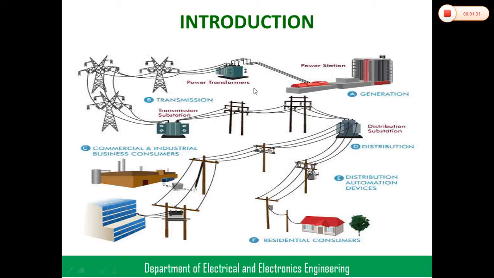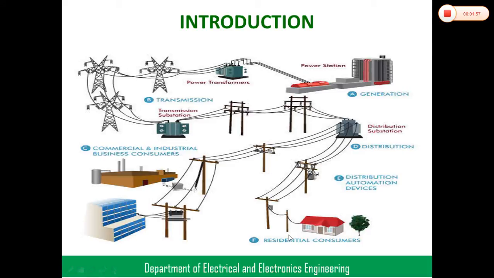the power is generated in the power station. We all know that the power generated in the power stations is transferred through the transmission lines and also through the distribution lines towards the commercial, industrial and residential consumers, right?